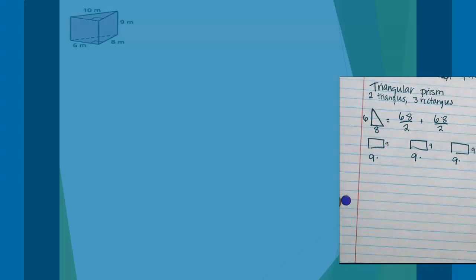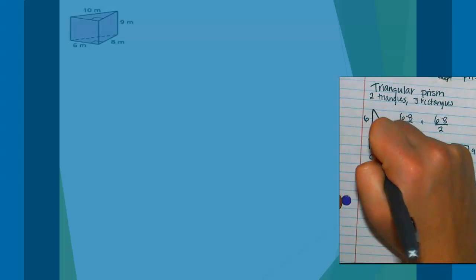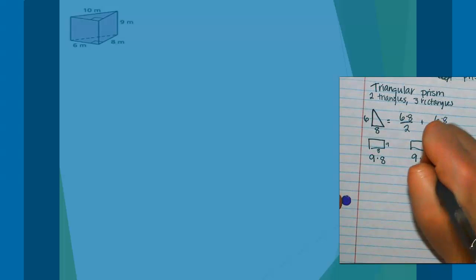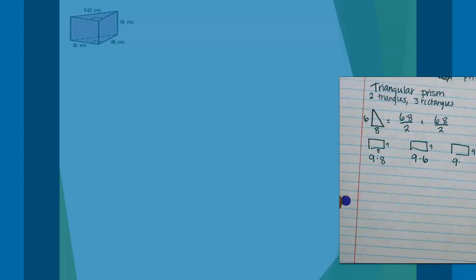So they're all three going to have that shared height of 9. This one up here is 9 by 8. This one over here on this face is going to be 6 by 9, or 9 by 6. And then this back one, it tells us the length of it is 10. So it's going to be 9 times 10.